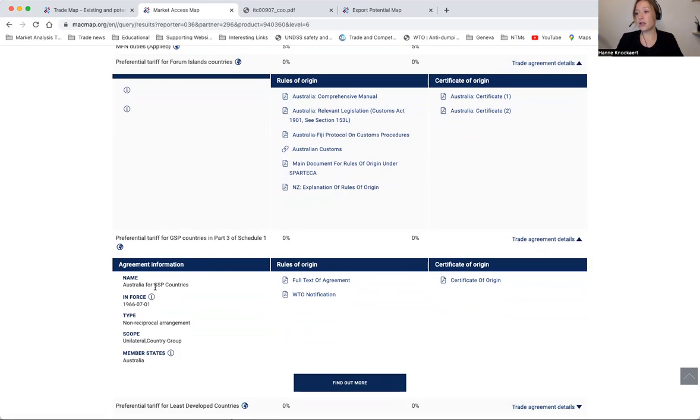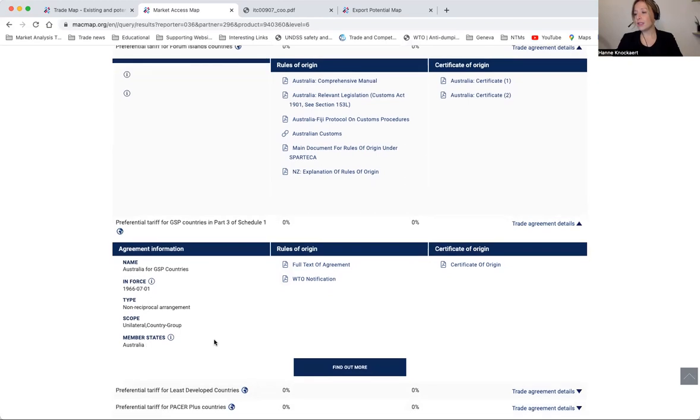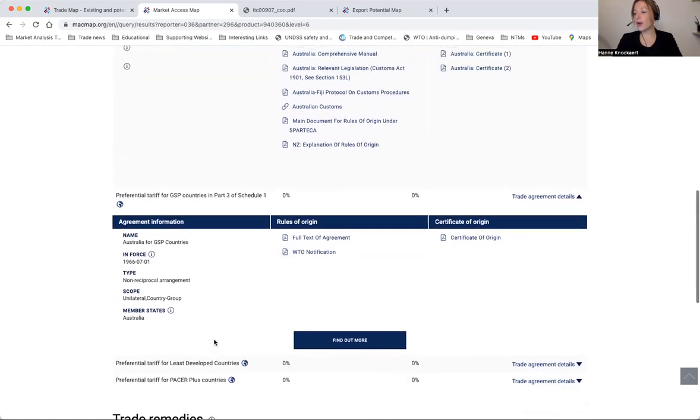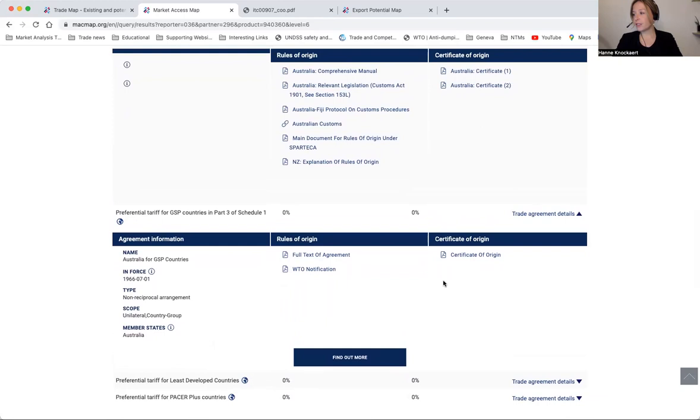So this is the Generalized System of Preferences countries. It's a group. The EU has a very similar one, where it gives some preferences to developing nations. And again, you can find in the WTO notification the full text of the agreement.